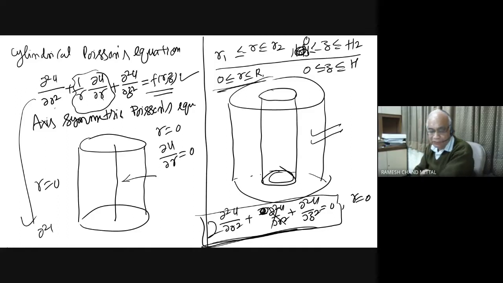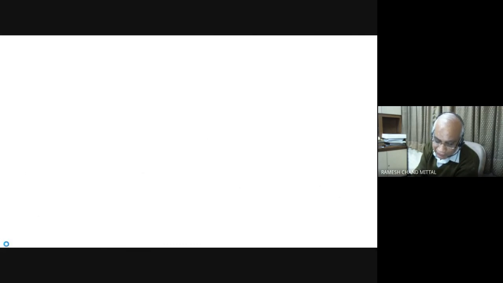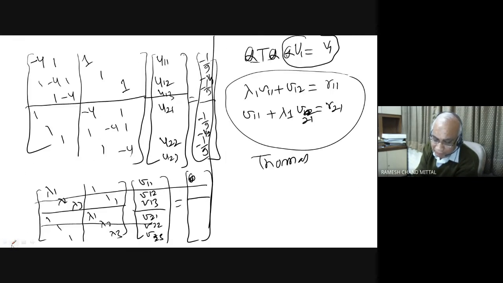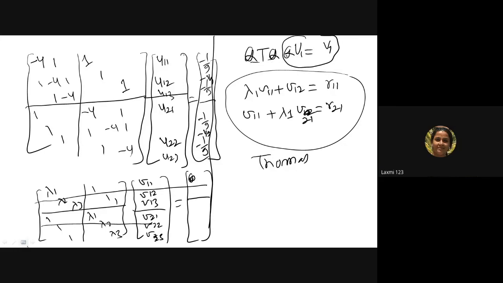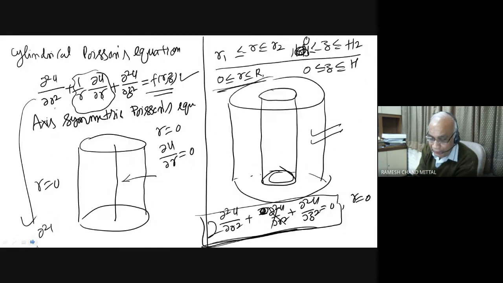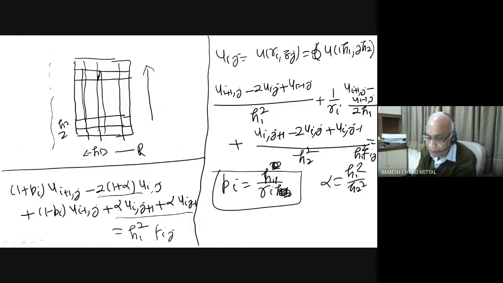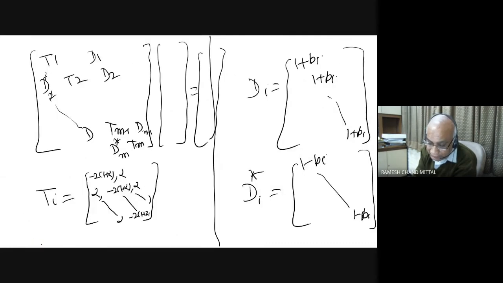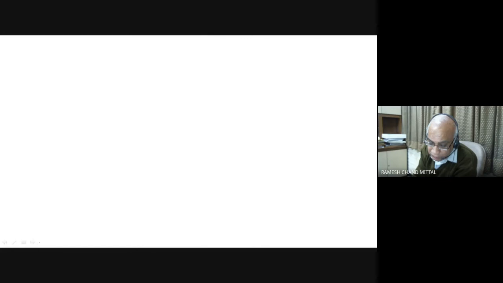Let me tell you the difference. If I go to rectangular Cartesian coordinates, my matrices are very easy matrices, so it will take less time. Now I go to the axisymmetric problem. Then I have m plus 2m, I mean 3m different matrices, in the sense that my Di are different, my T1, T2, Tm are different. Are you getting me or not?